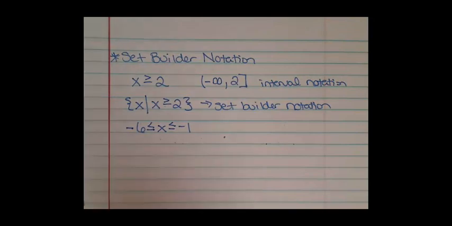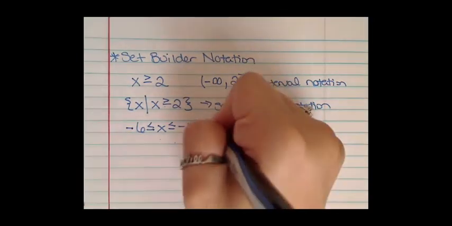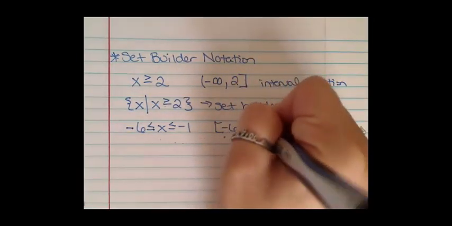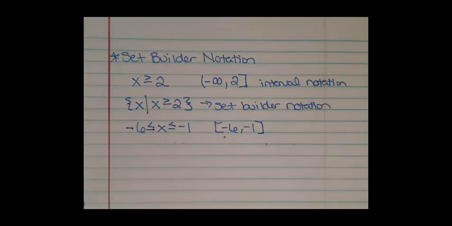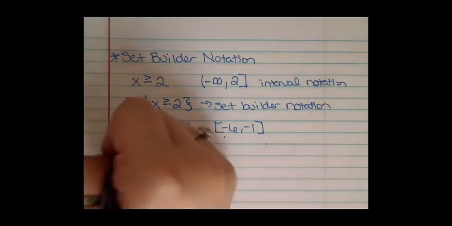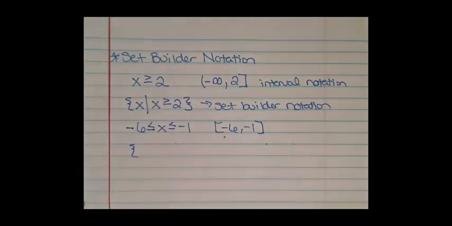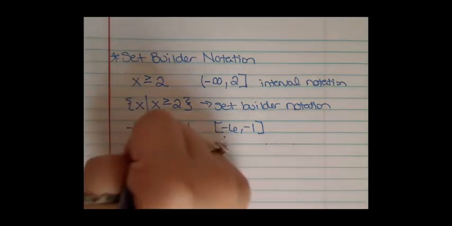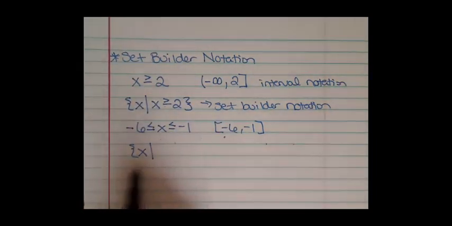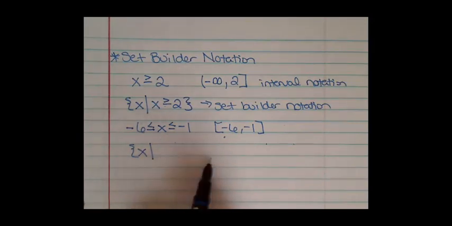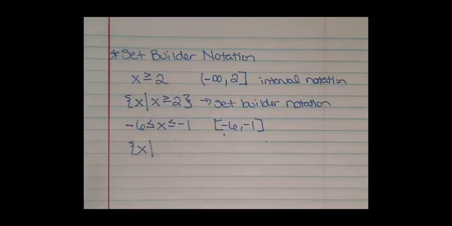So our set builder notation is curly bracket x such that, this part never changes. It's always going to be this. And then you just write out the rest. You can write it out, negative 6 is less than or equal to x is less than or equal to negative 1. You just write that in there.